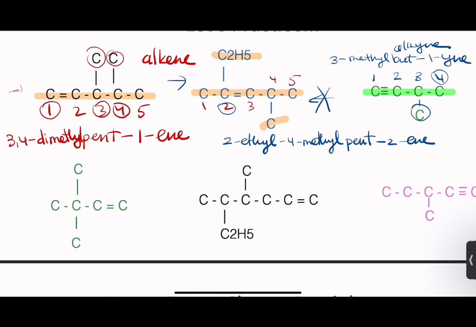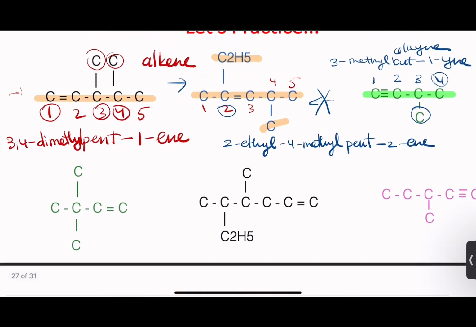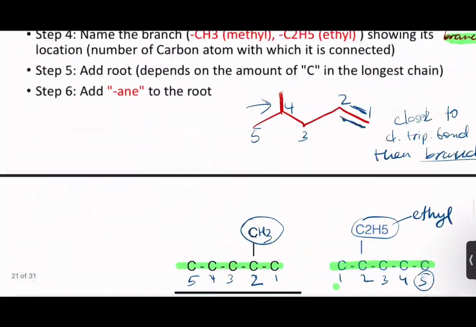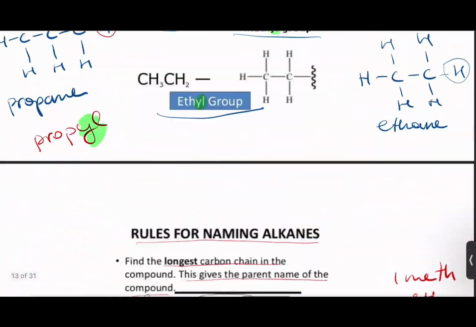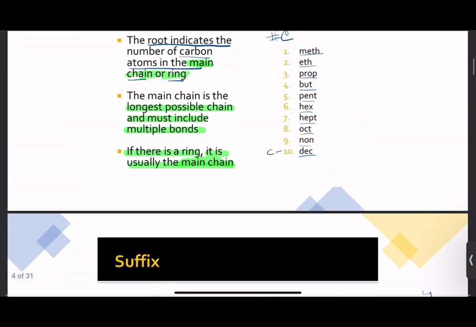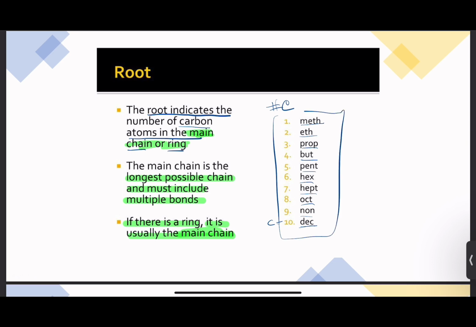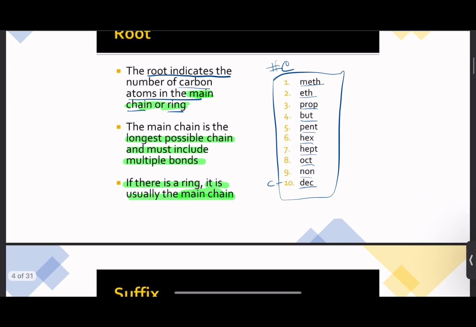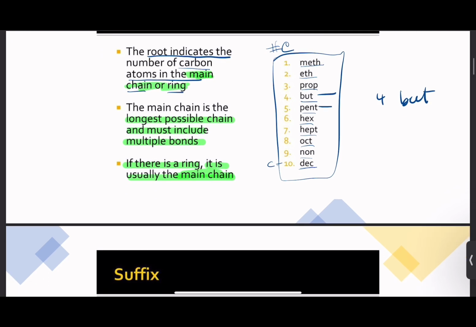Okay, so I just want you guys to remember the root, so root has to do with this, guys. If I have 4 carbons, I'm gonna start with but. If I have 5 carbons, I'm gonna start with pent, this is my root.